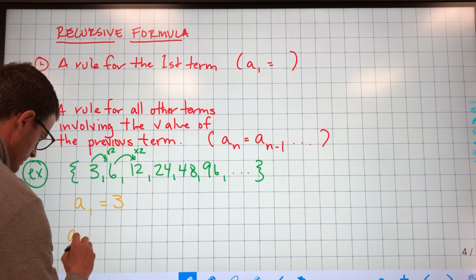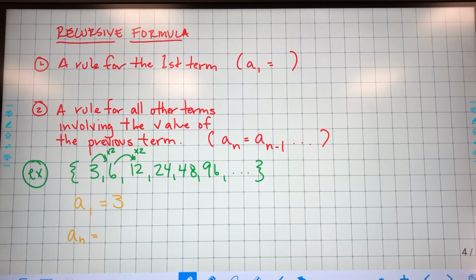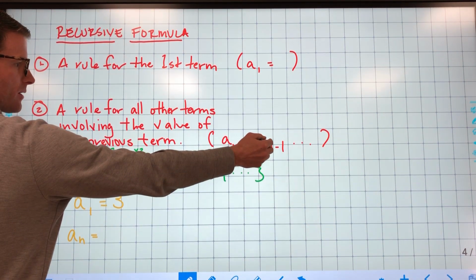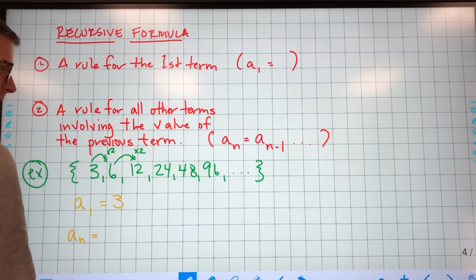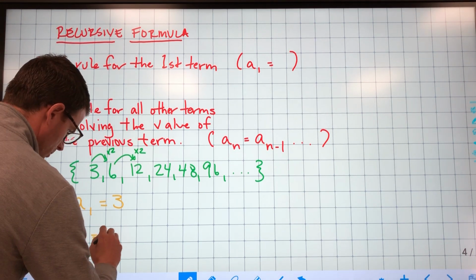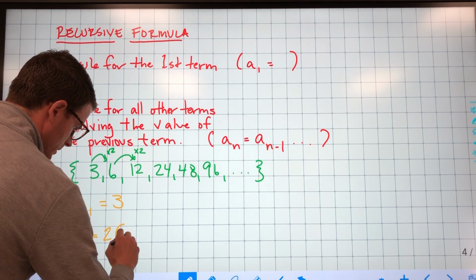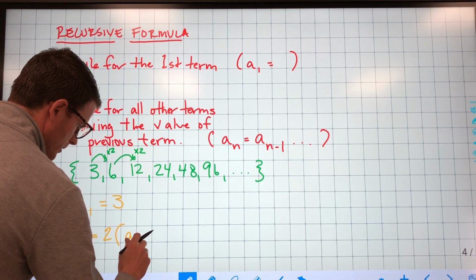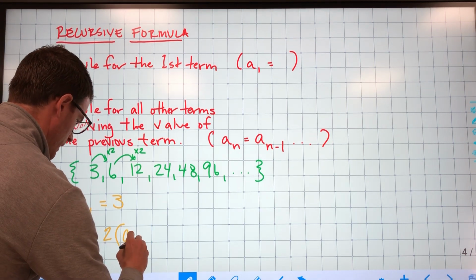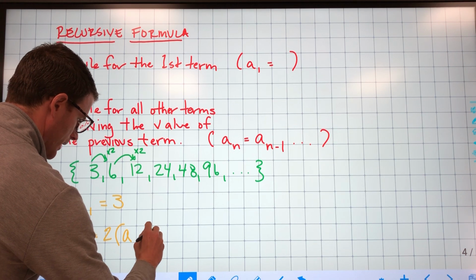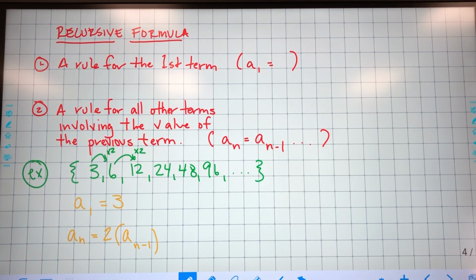So a sub n equals, what is happening to the previous term to get to the next term? All I'm doing is multiplying the previous term by 2. So 2 times a sub n minus 1. There is your recursive formula.